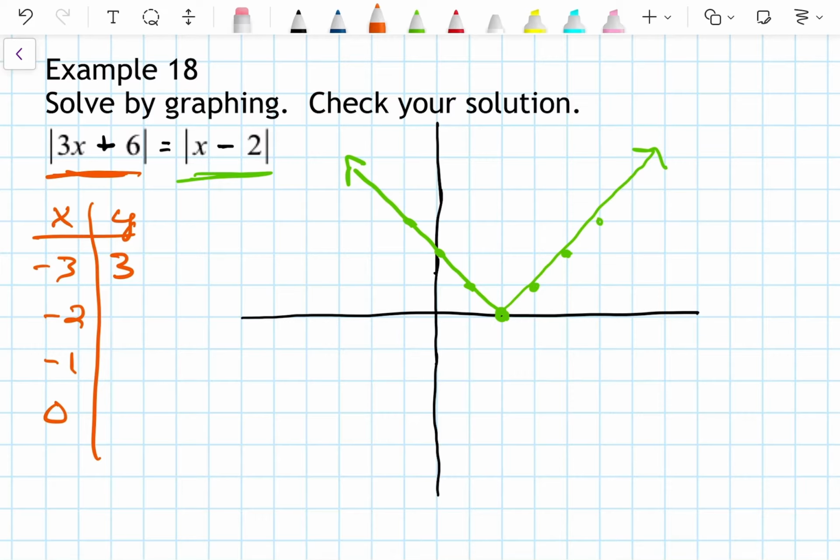Negative 2 I plug in, 3 times negative 2 is negative 6, plus 6 is 0. Negative 1, 3 times negative 1 is negative 3, plus 6 would be positive 3, and then 0 would give me 6. So I have negative 3, 3, negative 2, 0, negative 1, 3, and 0, 6.